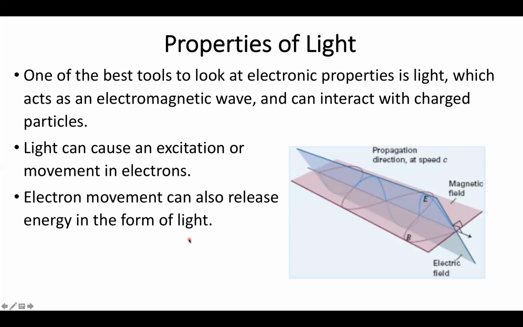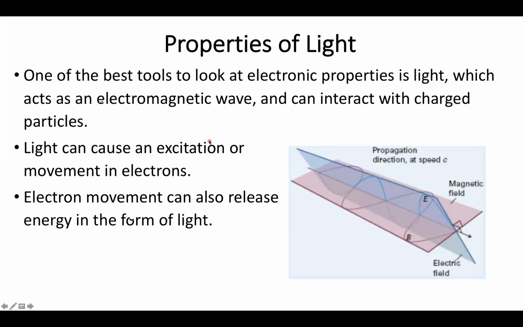Any change in the energy of an electron is very typically going to be related to releasing or gaining some of that energy in terms of electromagnetic spectra. In other words, we're going to see a lot of emission and absorption of light, and that's what we're really going to be looking at.